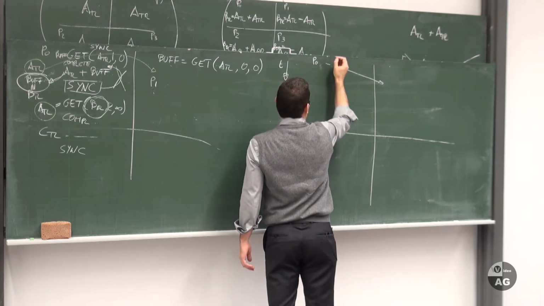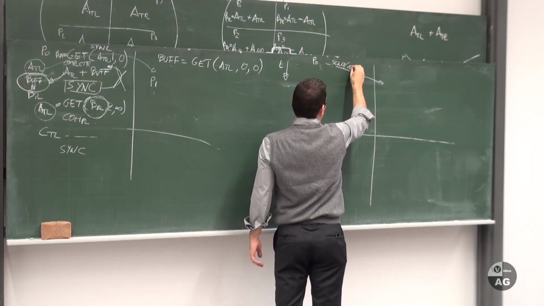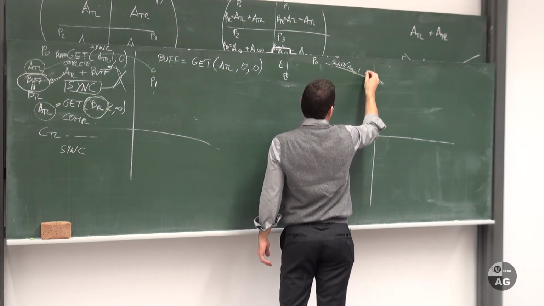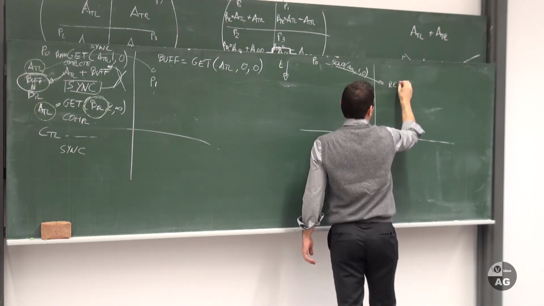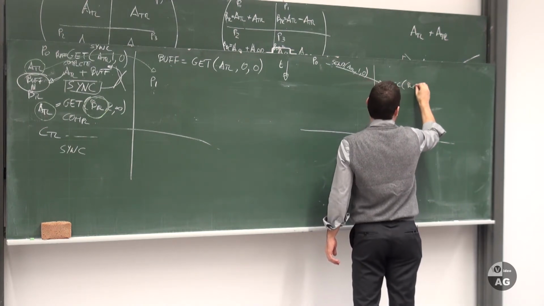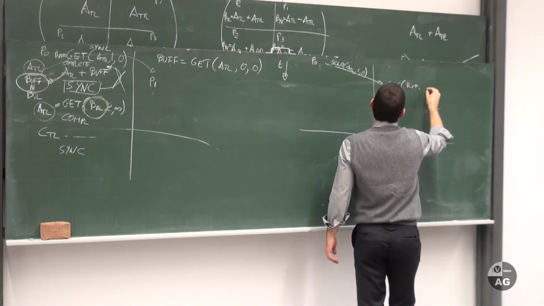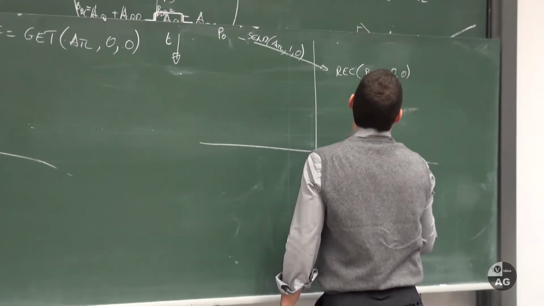And then I say send A top left to processor 1, and over here there is a receive from, okay, there is a buffer, and then there is from processor 0 tag 0.